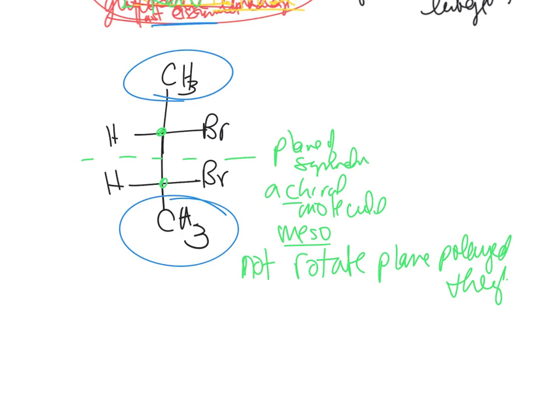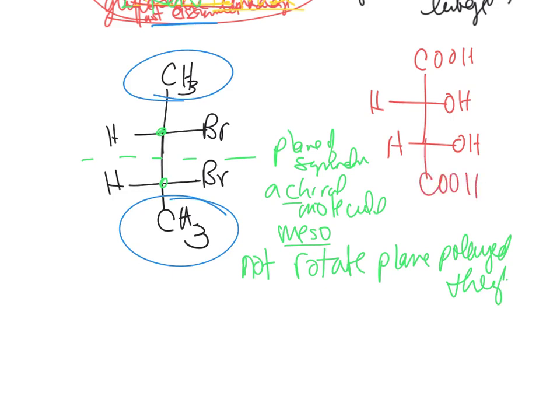Okay. So another molecule that's meso in your slides would be tartaric acid. And how to spot that is if you see on the Fischer projections the top and the bottom are the same, and then you see that you have a plane of symmetry there, and that would be a meso. Now that would not be the same here.